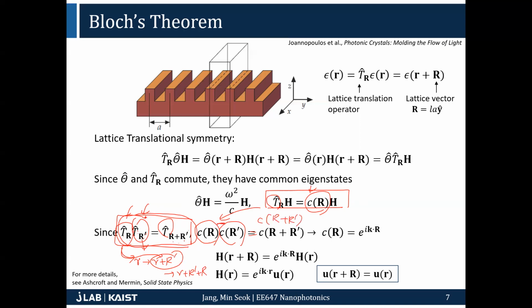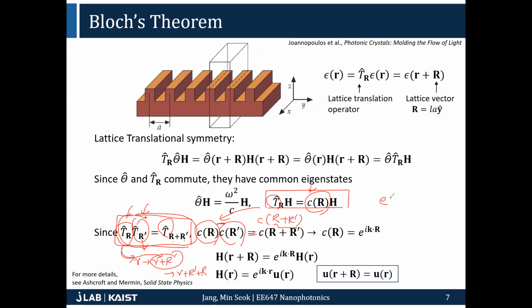must be equal to the eigenvalue of T_(R+R'). What I am telling you is that if you take a product of two eigenvalues, it becomes the eigenvalue of the sum of these variables, which is the property of the exponential function.